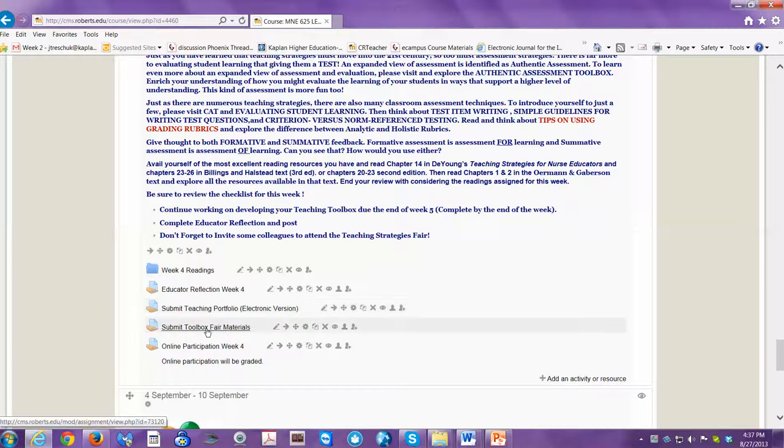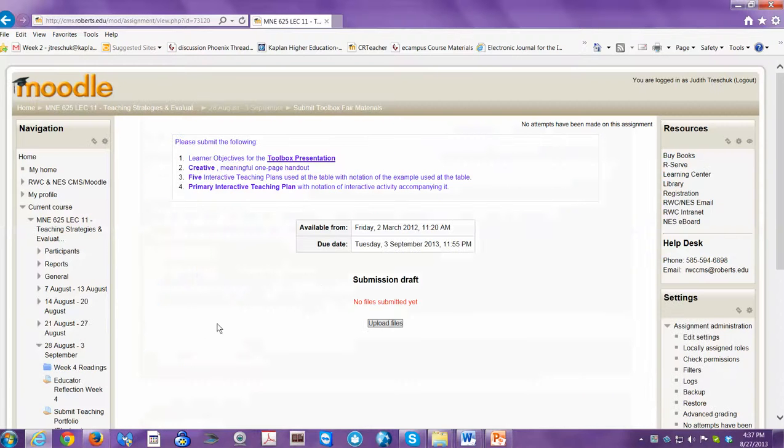So if you click on this Toolbox Fair materials, this is so I can fairly grade you because it gets kind of hectic and it's hard for me to keep track of everything that was on your table. So you're going to submit to me your one-page handout, the 5 interactive teaching plans with the notation of the example used at the table. So put on it what you put at the table.